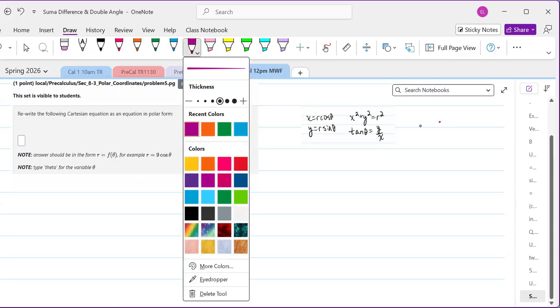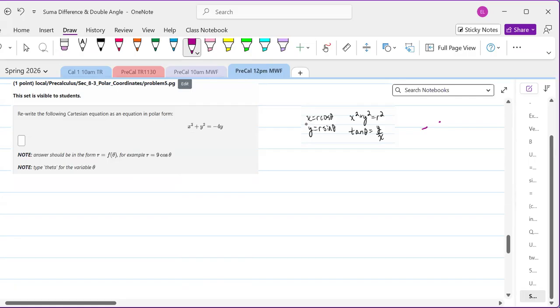One is I have a formula here that x is the same as r cosine theta. So everywhere there's an x, I can write r cosine theta, and everywhere there's a y, I can write r sine theta. And then technically, that's a polar equation. So for the test, you do that, done. The problem is WebWork wants us to get it in the form r equals. So we're going to be a little more creative for solving this in WebWork.